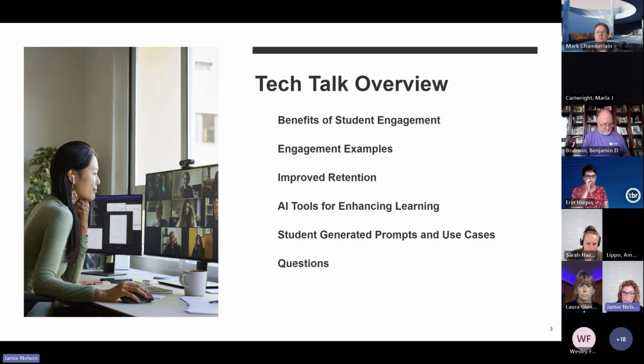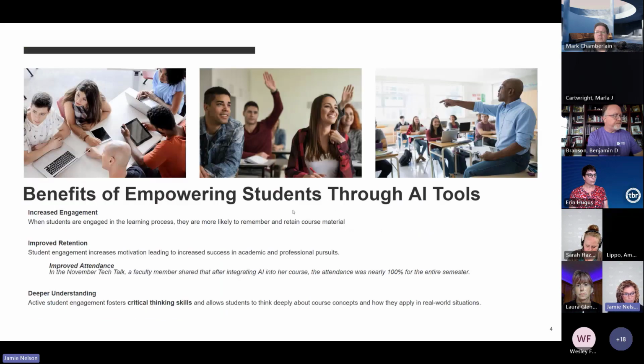We'll talk about improved retention, go over a few AI tools for enhancing learning, then talk through student-generated prompts and use cases, and wrap up with questions. We want to leave time to hear from you about things you have done in your courses, interacting with your students using these tools.